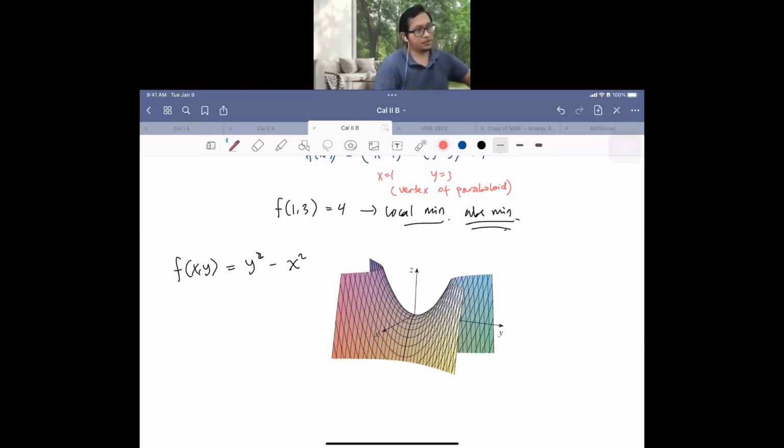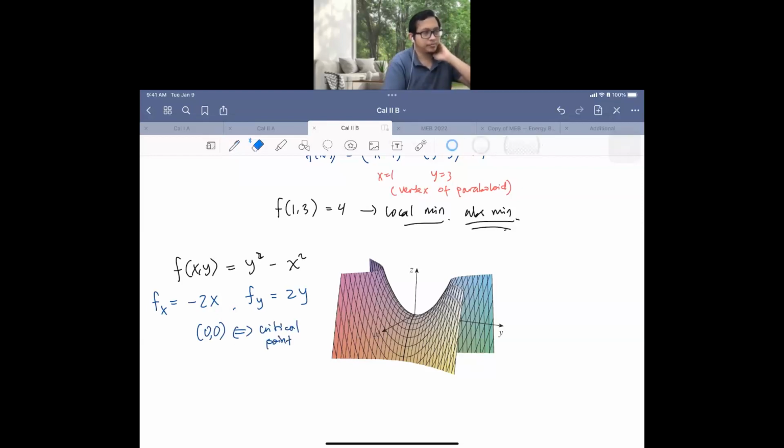Now the interesting part: if we find the partial x, we will have negative 2x. The partial y will be 2y. If we set these equal to 0, then at (0, 0) we get our critical point.